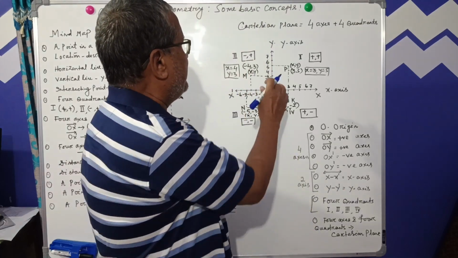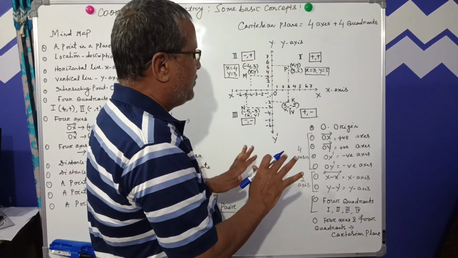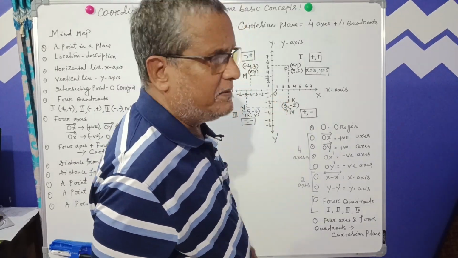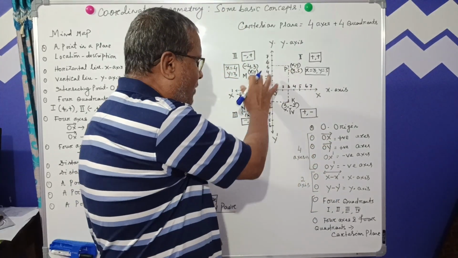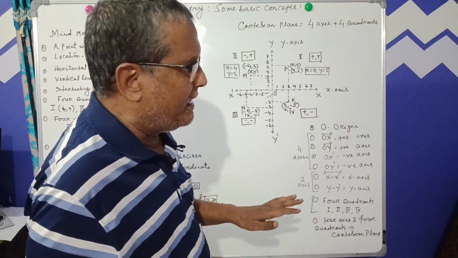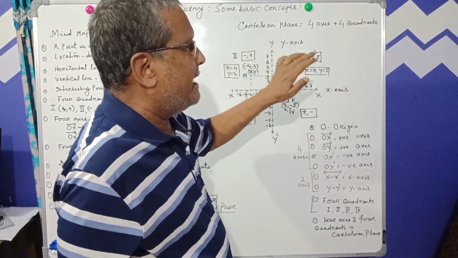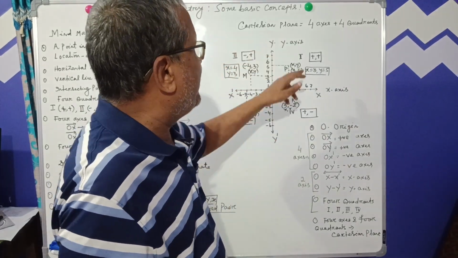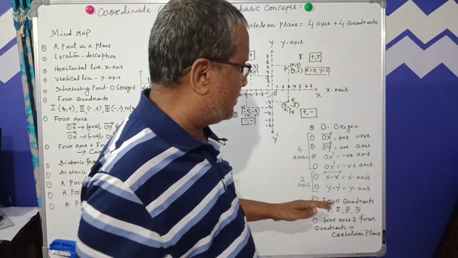Now we have 4 quadrants, 4 axes and the origin point. All these constitute a plane that is called the Cartesian plane, named after Descartes.